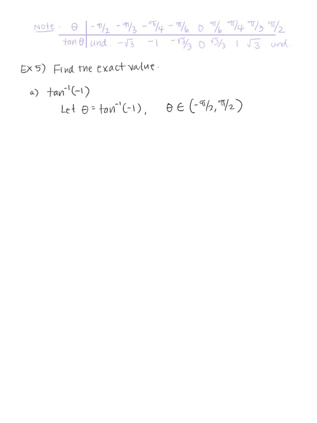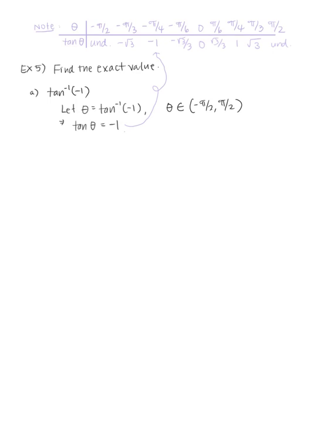All right, so this implies that tan of theta equals -1. Now, if you know that chart, do you see that tangent of theta is -1 when theta equals -pi/4? So our answer is going to be -pi/4.